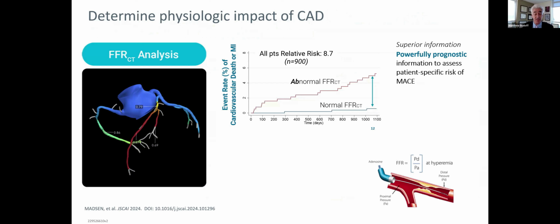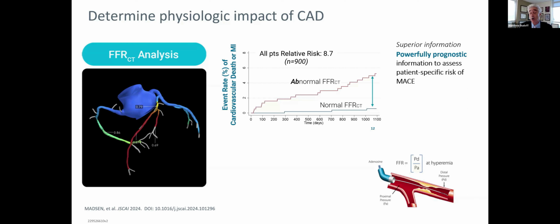This is an FFR-CT analysis. This was done and just recently published by Madsen, looking at long-term outcomes with patients with FFR-CT. And these are the event rates for cardiovascular death or MI, so nothing to do with revascularization, which obviously goes up as we identify these stenoses.